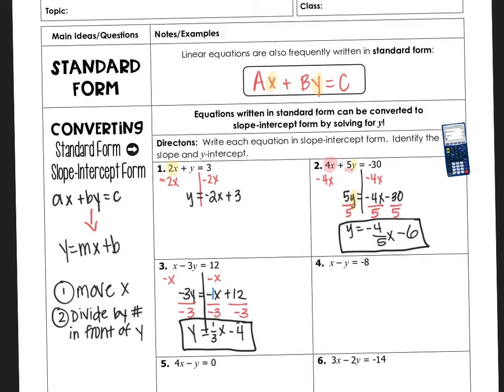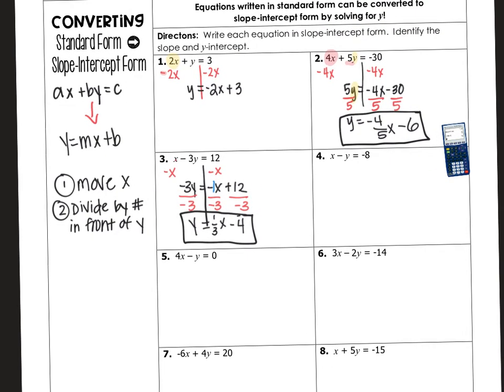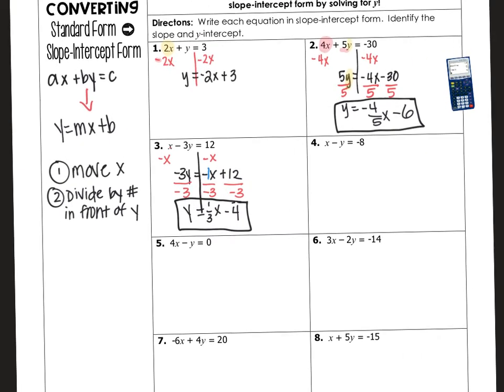All right, let's look at number 4. First thing, we've got to get y by itself, and the pattern so far has been to get rid of the x, so subtract x from both sides. I'm left with negative y equals negative x minus 8.